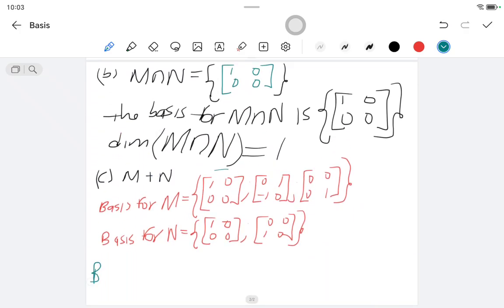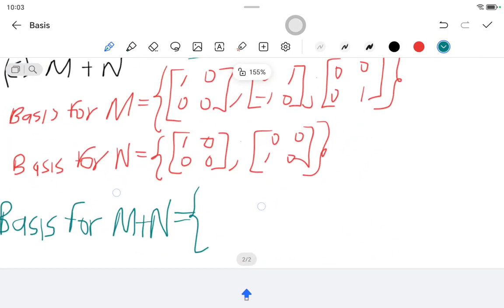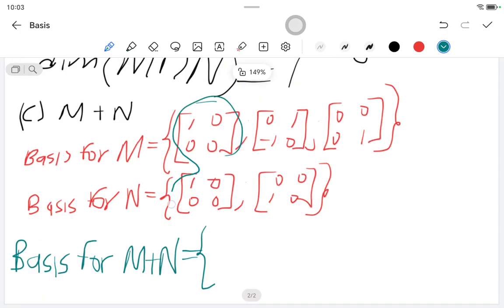So let me now write the basis. The reason why I wrote this 2 is because I want to show you the common element. This plus this, this will not repeat. We'll write it once. You see right now, 1 0 0 0. Then we decide between these two which one comes first. So we can put the one on top first.